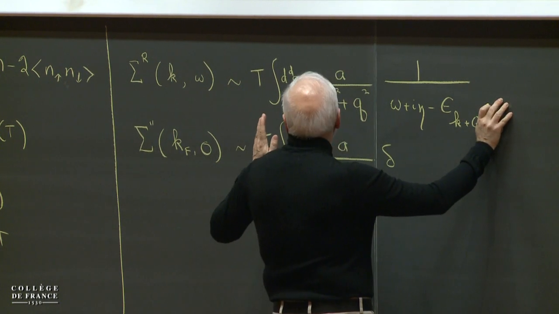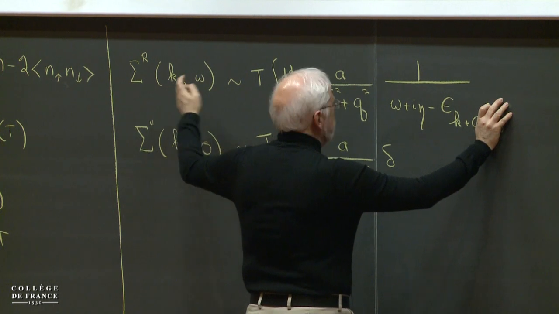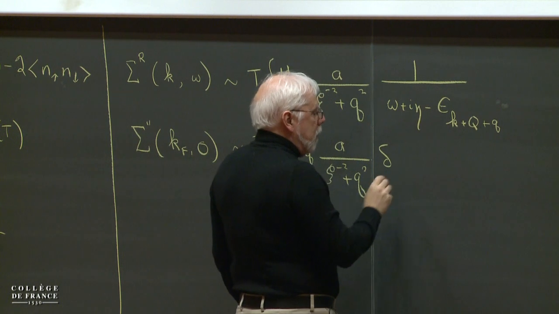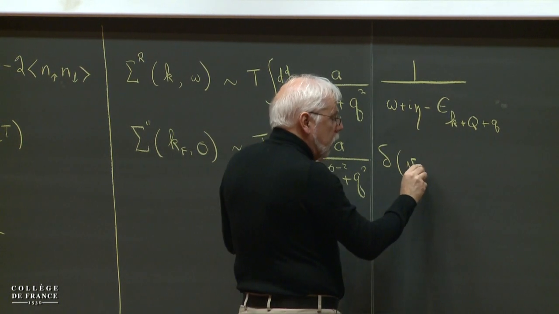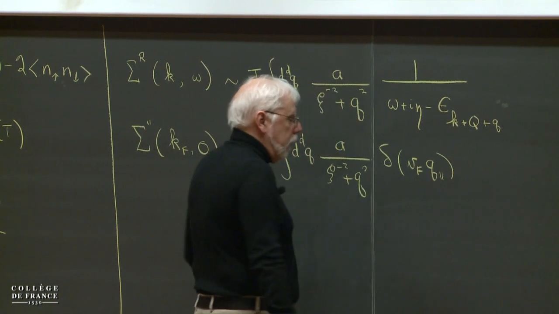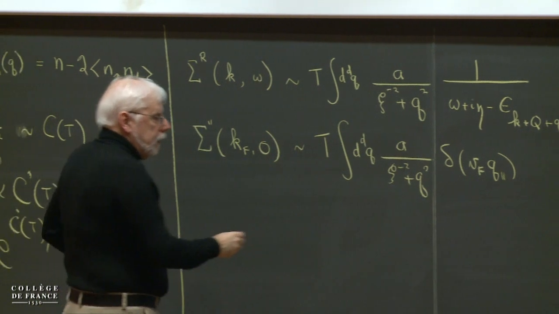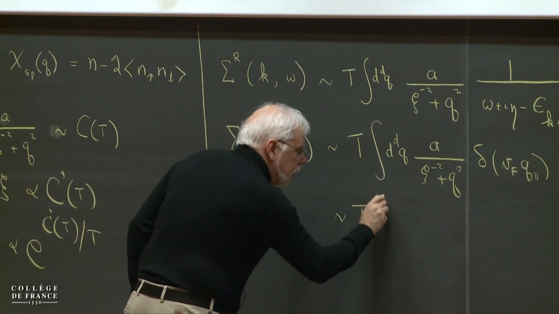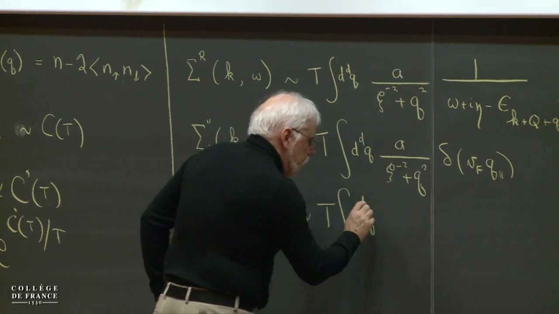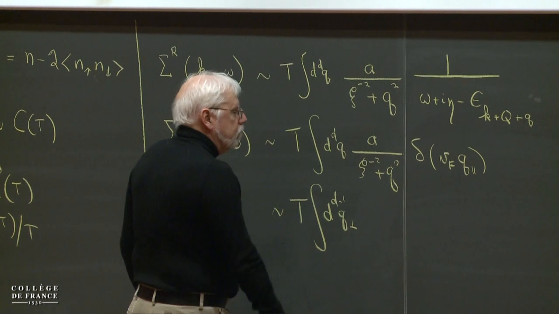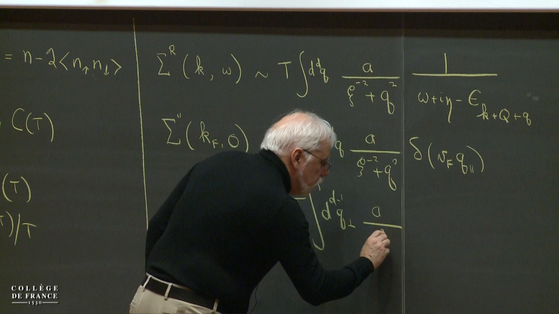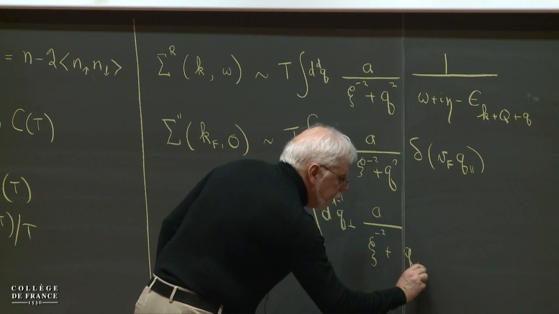If I'm at a hotspot, then this is 0 as well. Because a hotspot, by definition, takes me from k Fermi to k Fermi plus Q. So the only thing I'm left with is delta of v Fermi at the hotspot, dotted into q, which I will define as q parallel. So the integral is easy to do. So I get T times integral d^(d-1) q perpendicular A over xi^-2 plus q perpendicular squared.